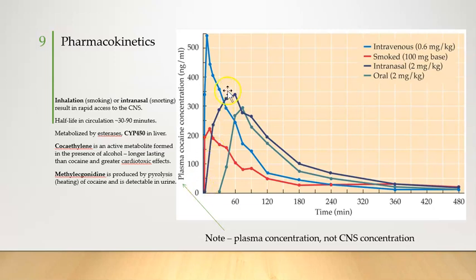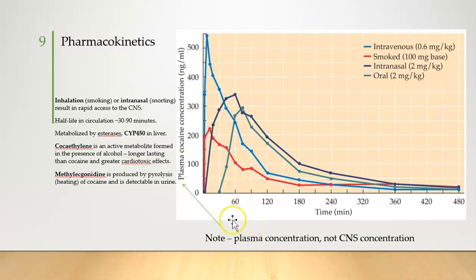Now, these administration methods, as well as oral, which is this green line, are pretty quick. Oral does have about a 30-minute delay until you start to see the concentration in your system, but it also has a pretty quick half-life.